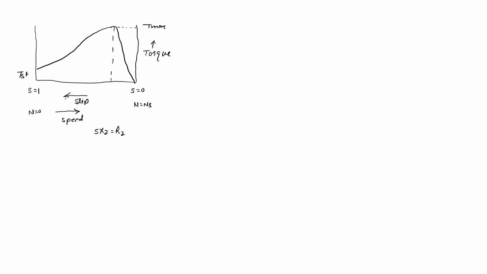Now, if the rotor resistance R2 dash is increased, the occurrence of maximum torque shifts, whereas the magnitude of maximum torque will remain the same. So the maximum torque occurs at some particular slip, so the speed differs from here. Say slip S1 is here.